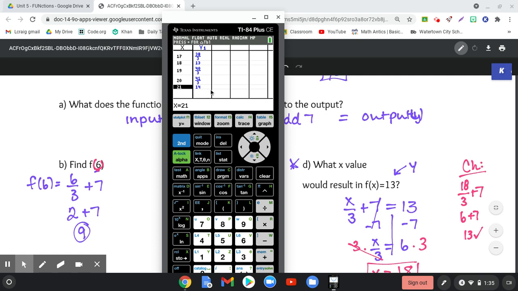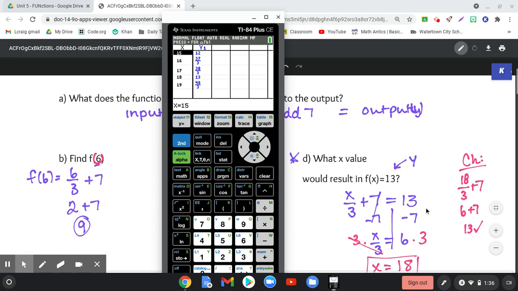Getting closer, we're at 14. Oh, I must have passed it. There it is, right there. 18, if you plug 18 in for x, you get 13. So 18, you could have found that in your table as well.